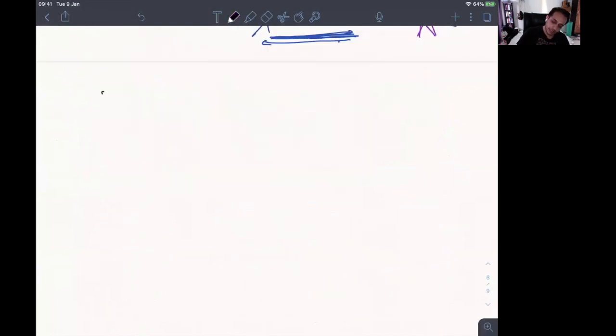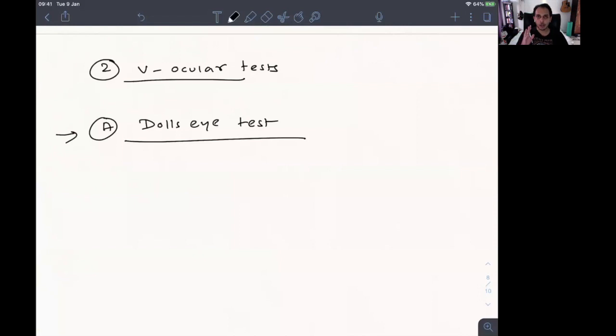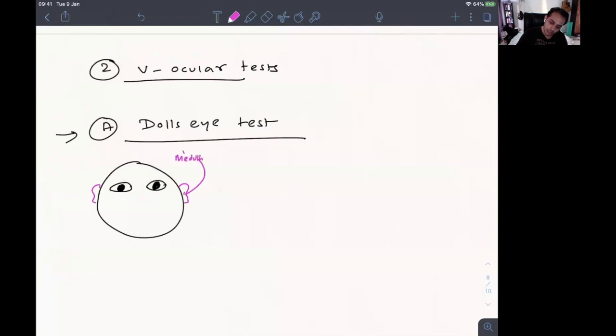The next aspect is your vestibulo-ocular. So in this, what all do you test? One is your doll's eye test. Now you may have heard of doll's eye test. The concept of doll's eye is that in a patient, the vestibular system connects to the medulla and the midbrain.